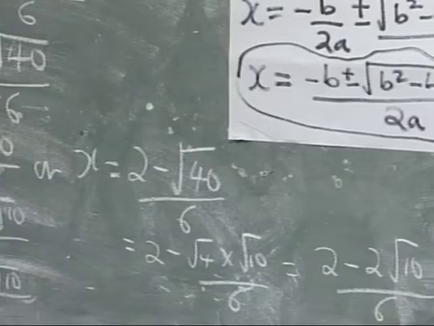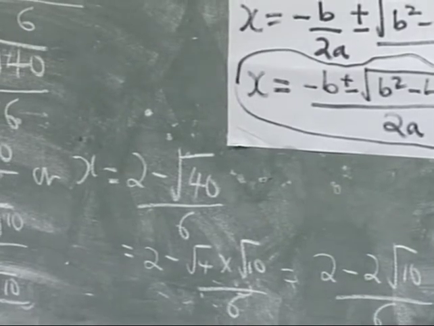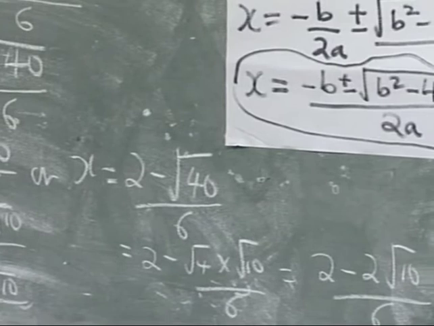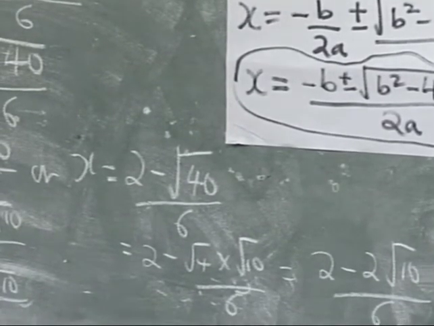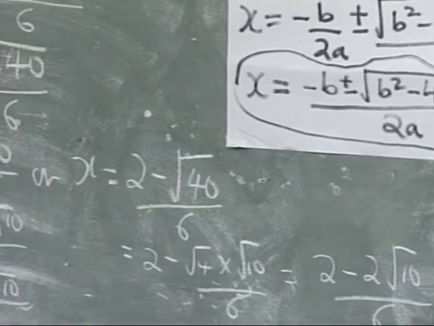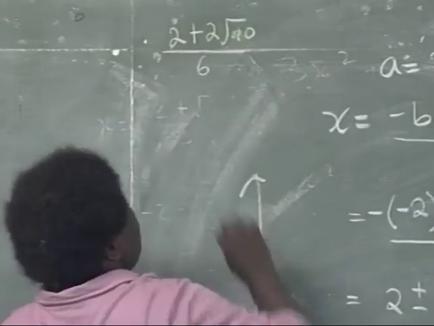Still, it's not simplified enough, because you can factorize. Those of you at the back, can you see this? Okay, I've got 2 plus 2 root 10 on 6. That's the first one.